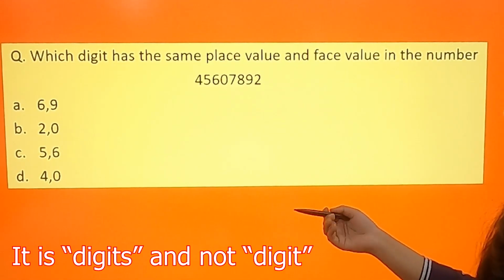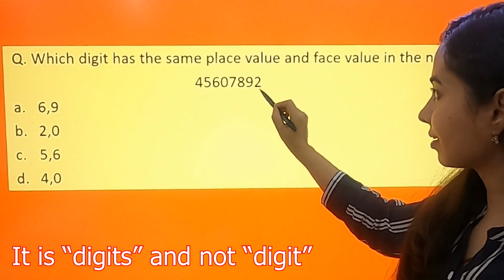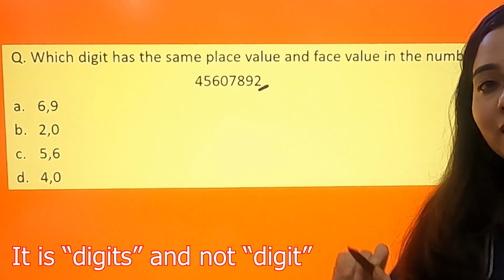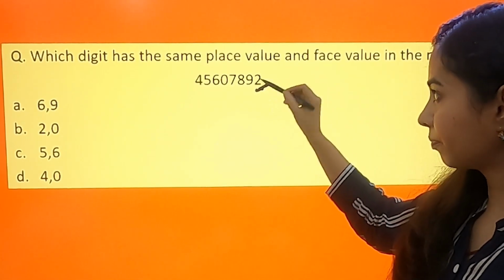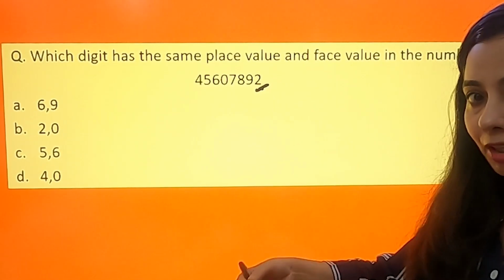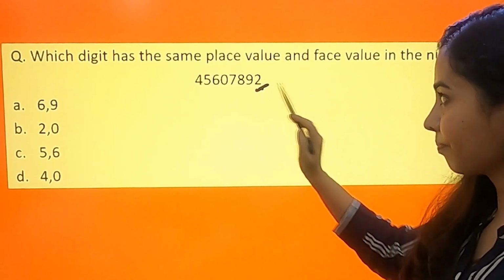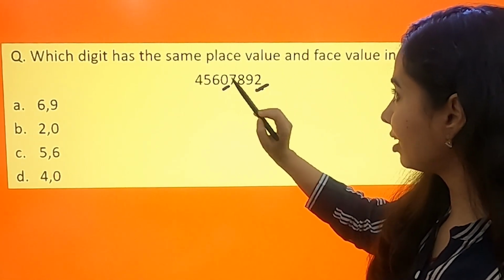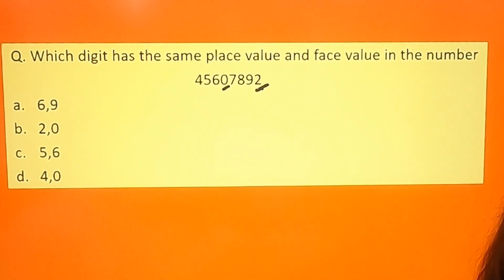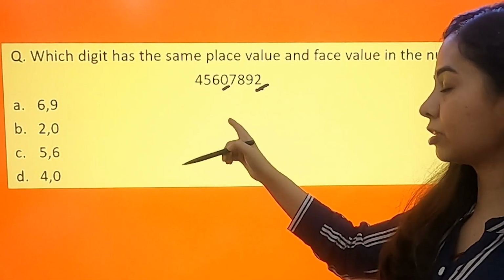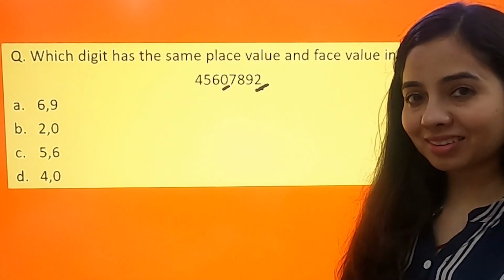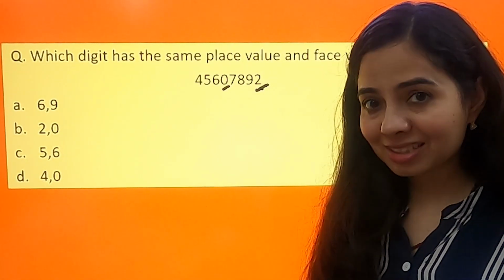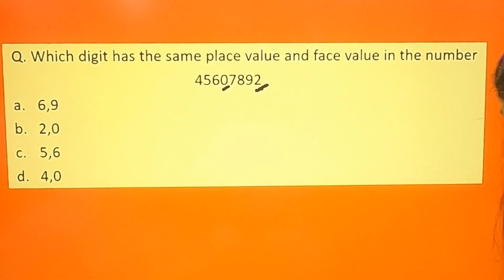You know, at units place, the face value and the place value are the same. So the face value and the place value of 2 are the same. And the face value and place value of 0 always remain the same. So we got 2 digits whose face value and place value in this number are the same. Right? I hope you got the answer right even before me.